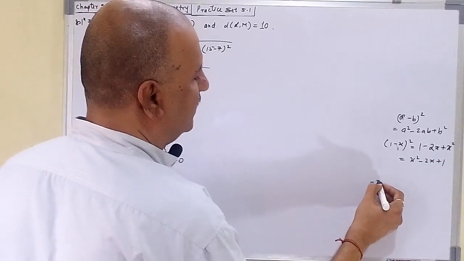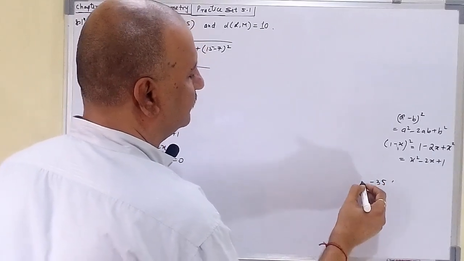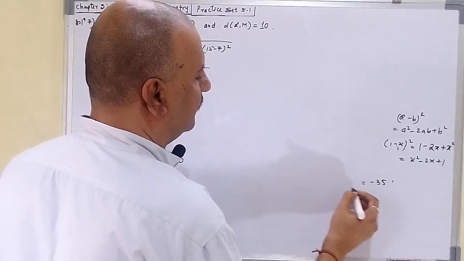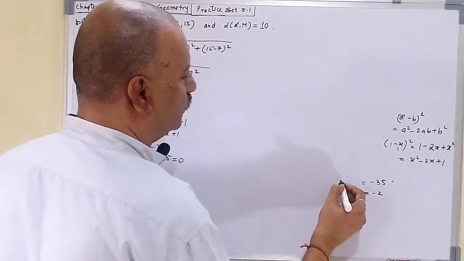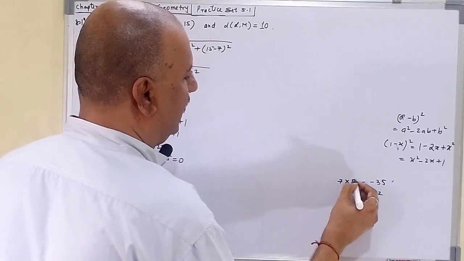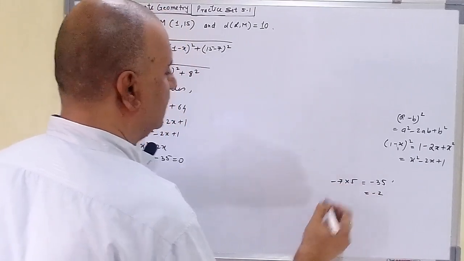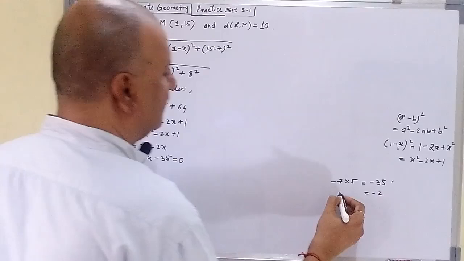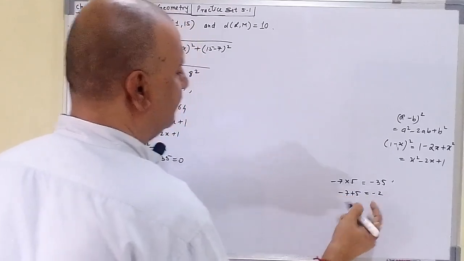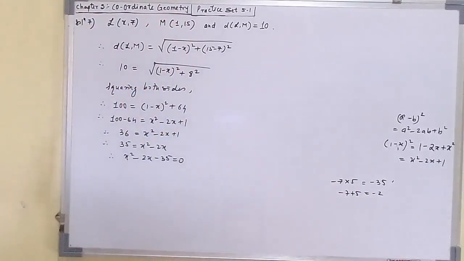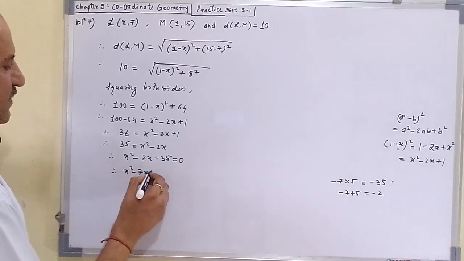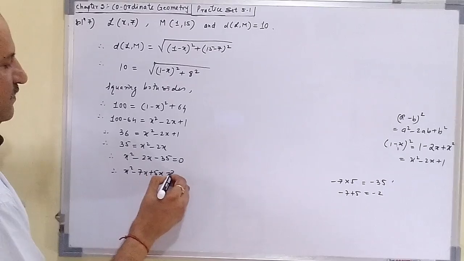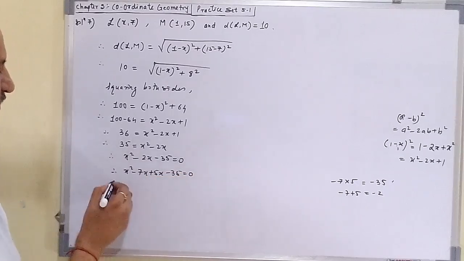See, the product is minus 35 and the sum is minus 2. So it will be 7 into 5, with minus 7 and plus 5. These are the factors. Let's put the factors here: x square minus 7x plus 5x minus 35 equal to 0.